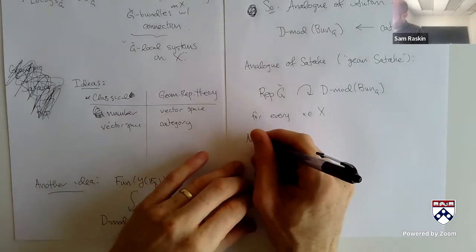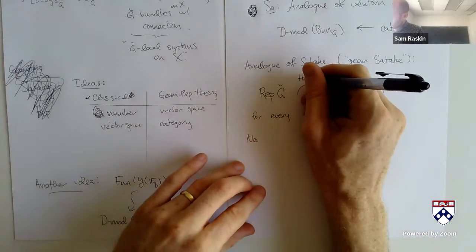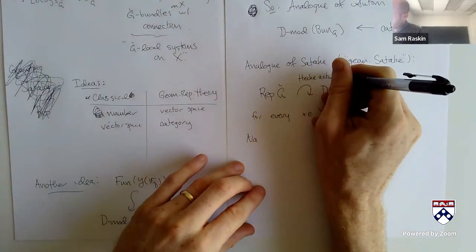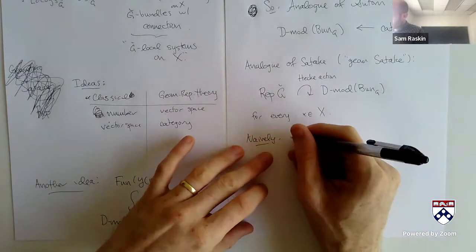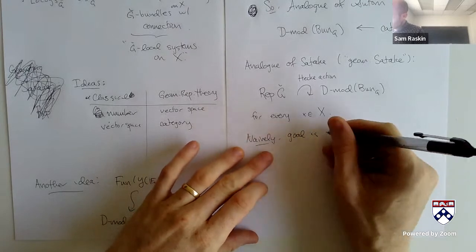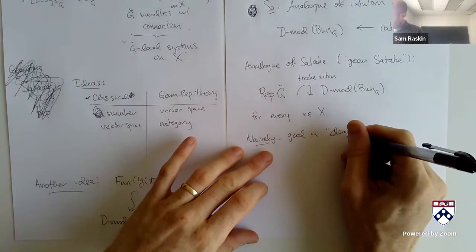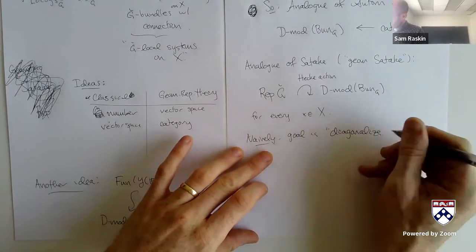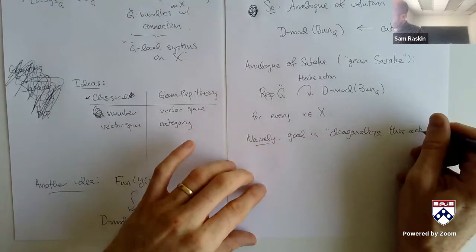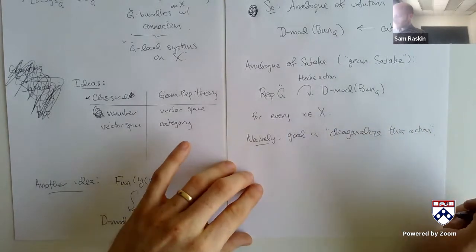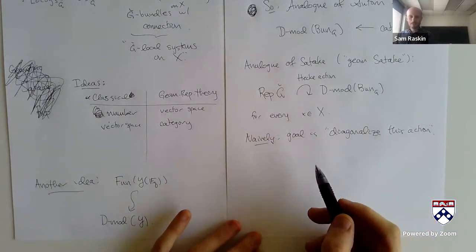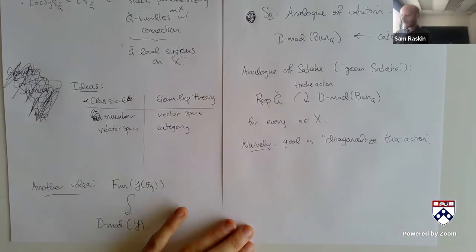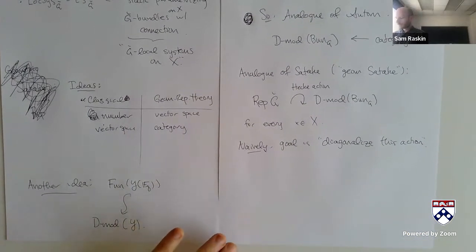And this is called the Hecke action. A little bit naively, I want to say that the goal is to diagonalize this action simultaneously for all points, in a certain kind of higher categorical sense, and there will be a couple of issues that we run into along the way.